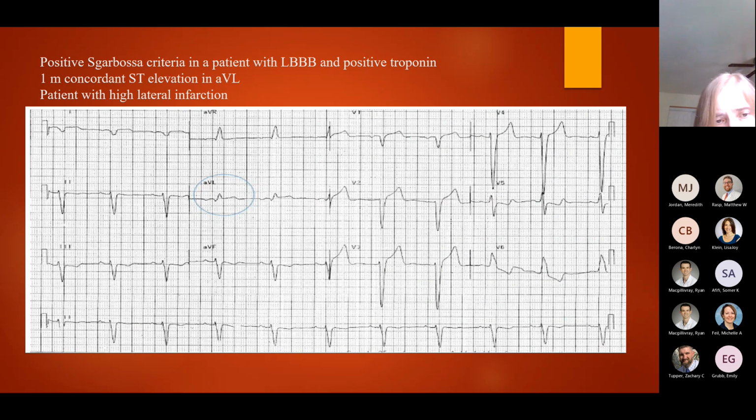I want to show you an ECG, again with a patient with left bundle branch block and positive troponin. You can see aVL here, ST elevation. And let's look at the lateral wall; you see some depressions here.